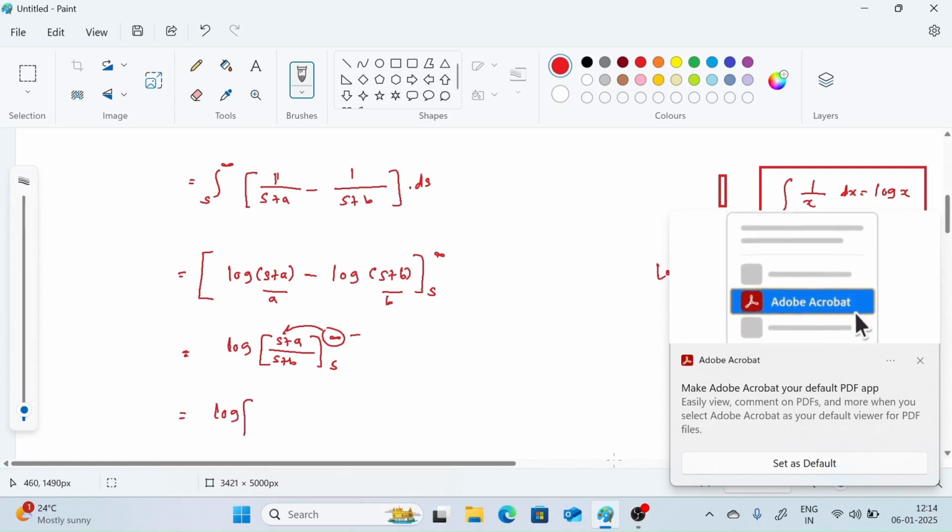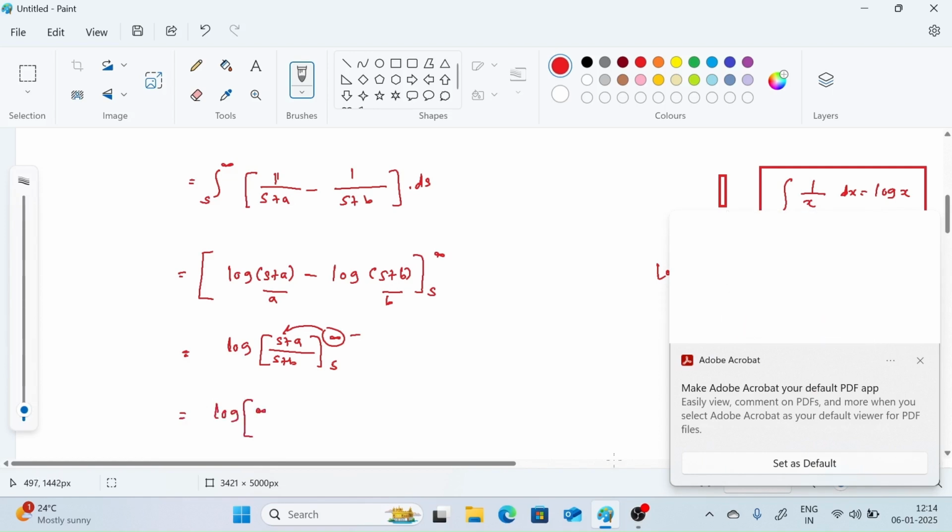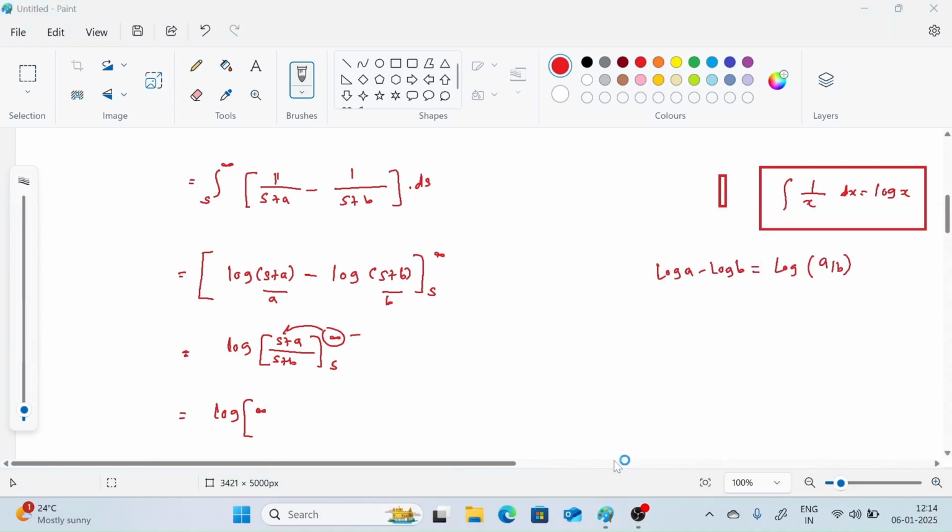Log of infinity plus a upon infinity plus b, minus log of s plus a upon s plus b. That's it.